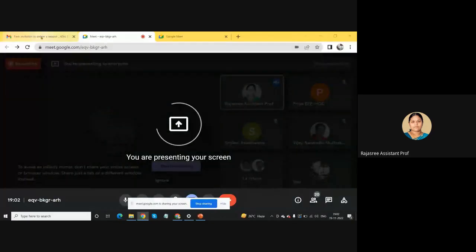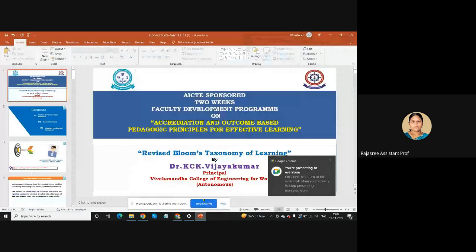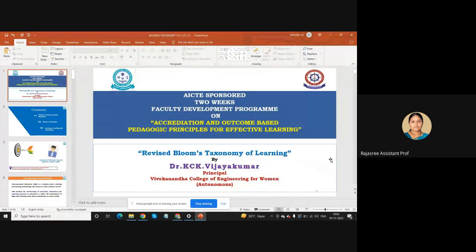Now I am very glad to introduce our session chief guest Dr. K.C.K. Vijay Kumar, Principal, Vivekanandha College of Engineering for Women, Thiruchengode. He completed his PhD from Coimbatore Institute of Technology. He has more than 28 years of experience in teaching and research, and has published more than 75 articles in refereed international and national journals. He has to his credit 2 projects funded by Government of India and has also published 6 patents.